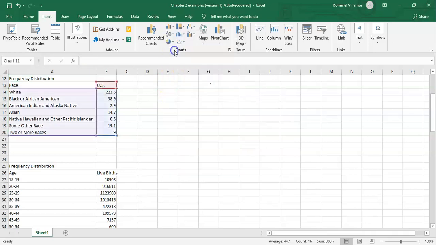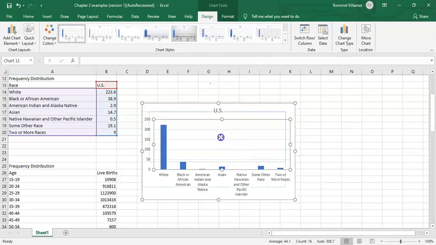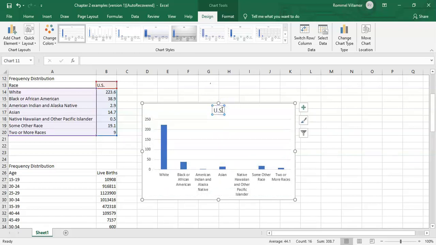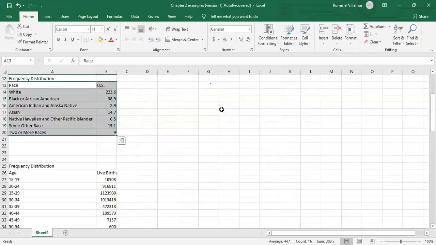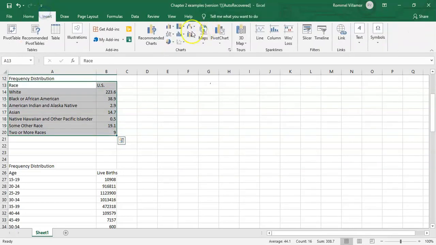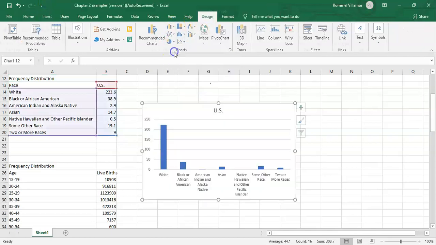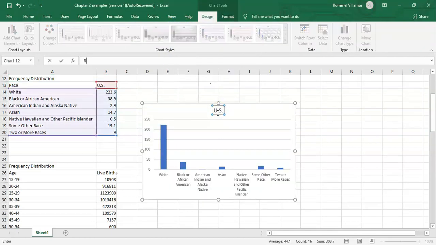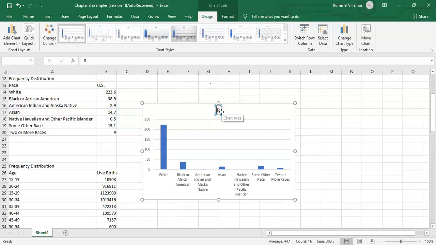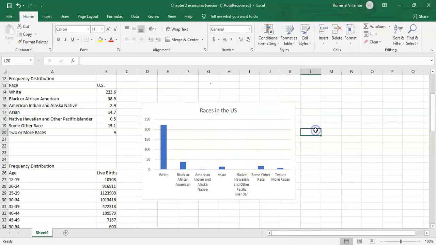I'm going to choose 2D column up here, and I'm going to change the title to Races in the US. So right here, that's going to be our frequency distribution bar graph.